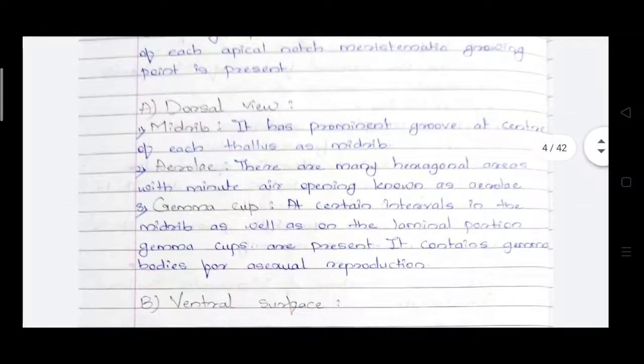On the dorsal side of the thallus, there is the presence of midrib, areolae, and gemma cups. The midrib is the predominant ridge at the center of each thallus. And areolae are the air openings which are present in hexagonal shapes.